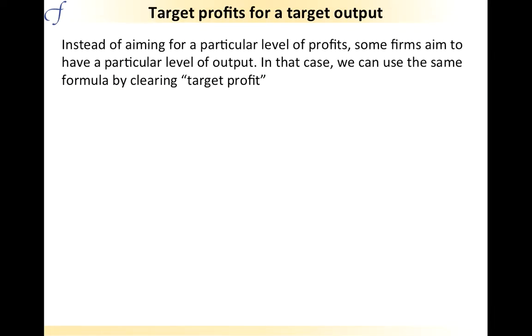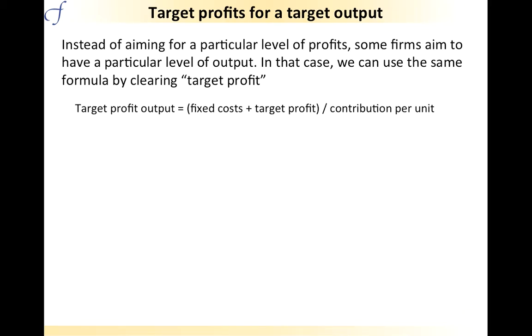Some companies, instead of aiming for a certain level of profit, may be aiming for a certain level of output, which means that output is our known variable in this case, and we need to then calculate what is the profit that we will be having at that level of output. And we can calculate this by using the same formula and clearing it up.